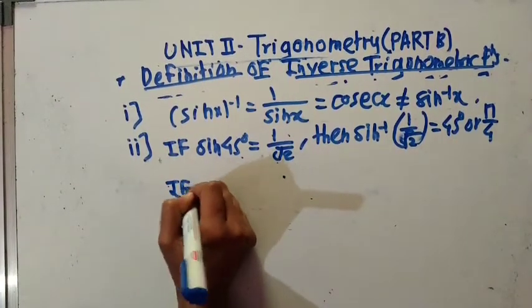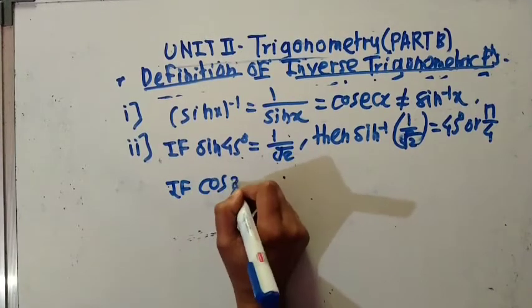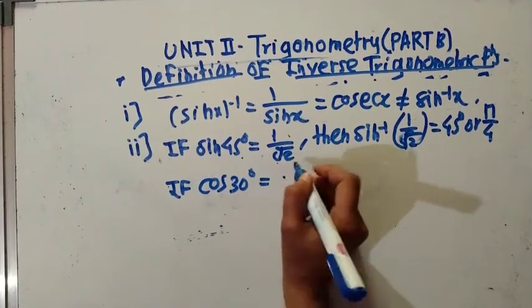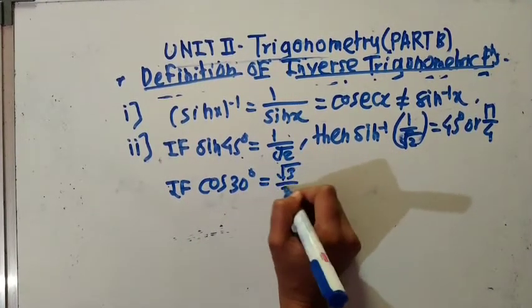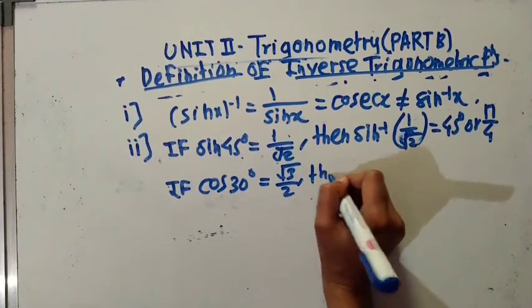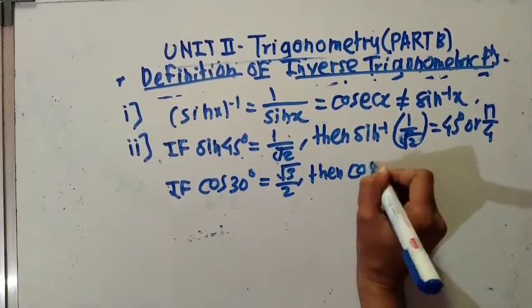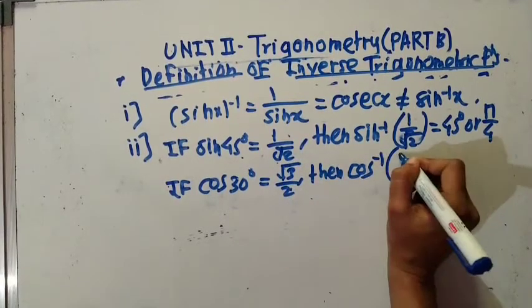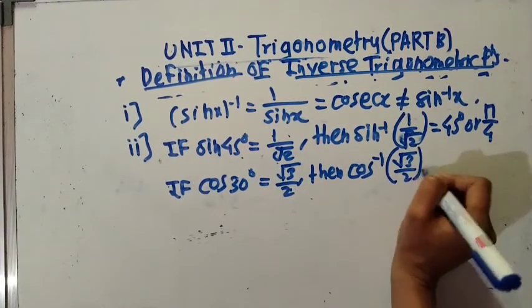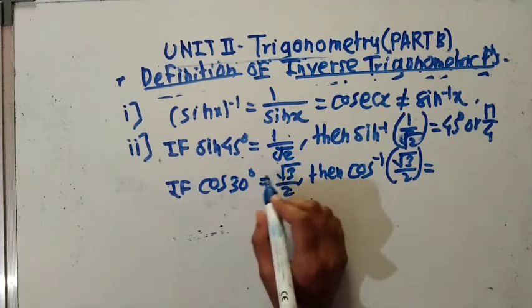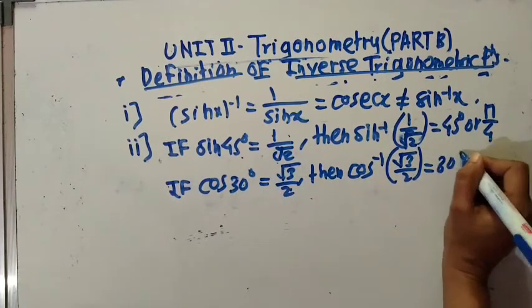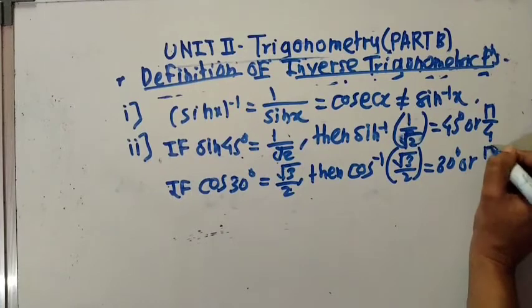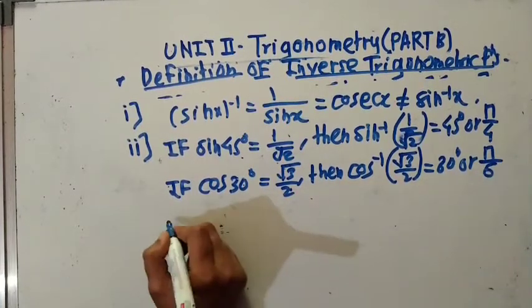Then if cos 30 degrees is equal to root 3 upon 2, then cos inverse of root 3 upon 2 is equal to 30 degrees, or pi upon 6.